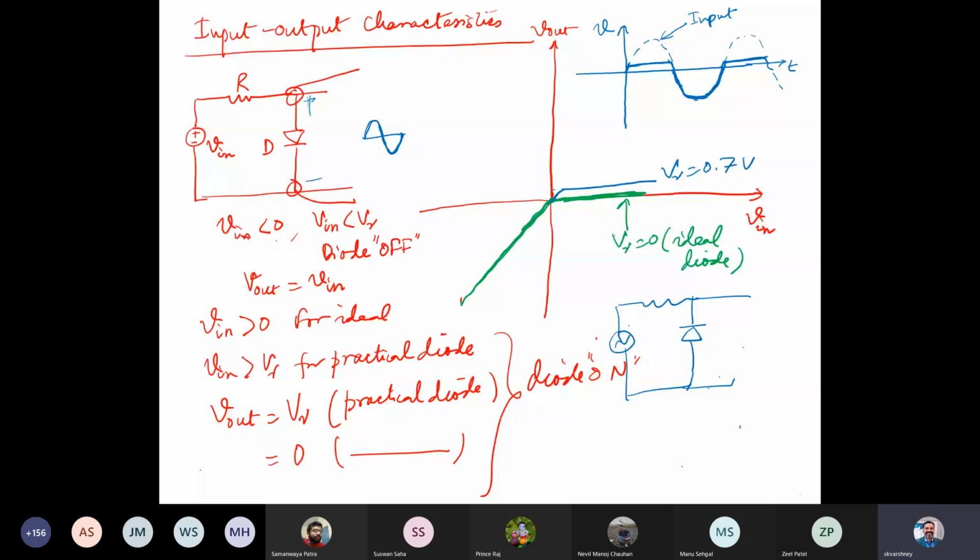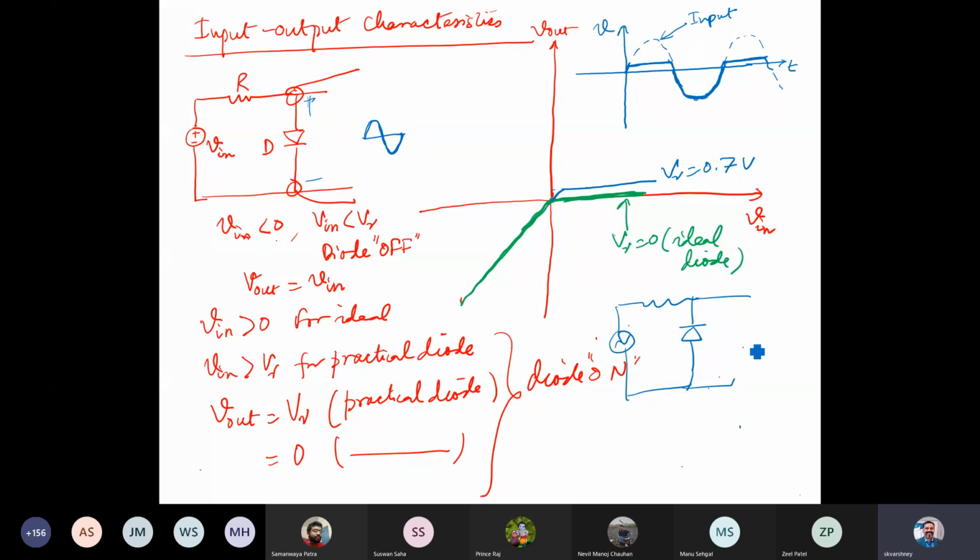So the output would be simply the input. So you're going to get this positive cycle curve up, and then as soon as the diode goes into forward bias, that becomes the negative terminal, you get an output.